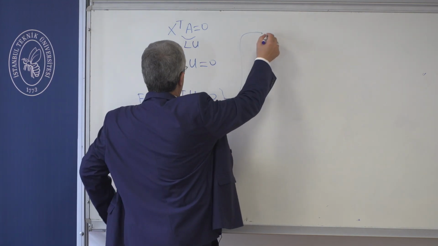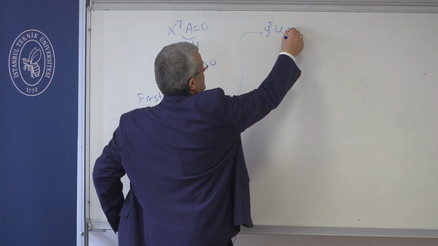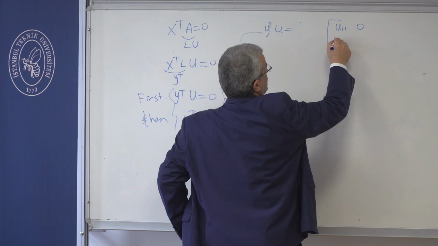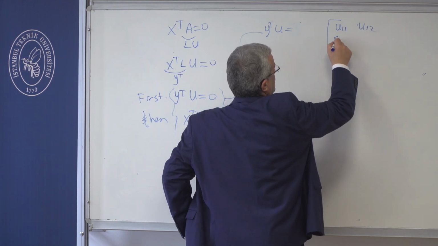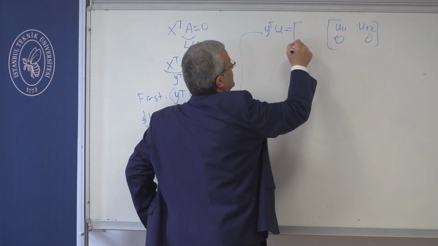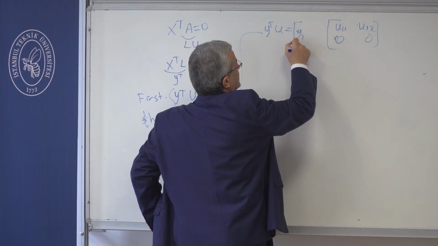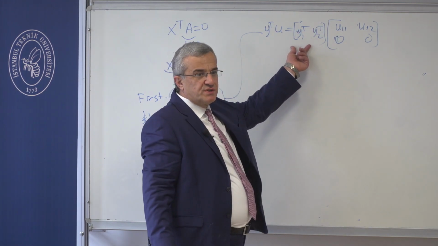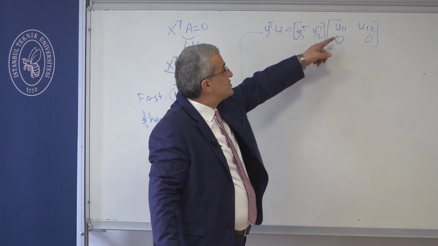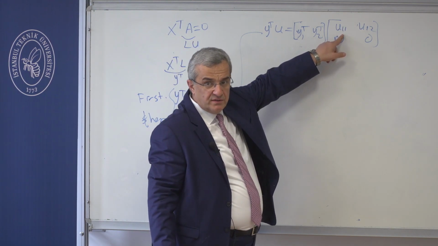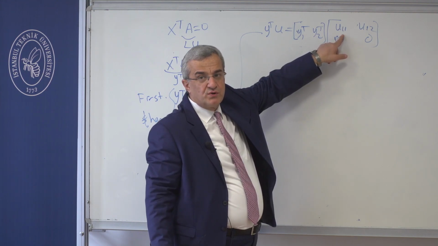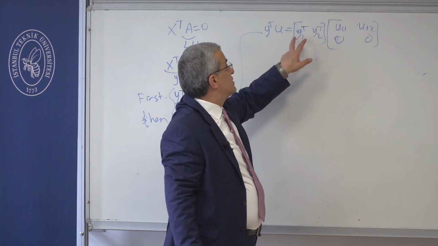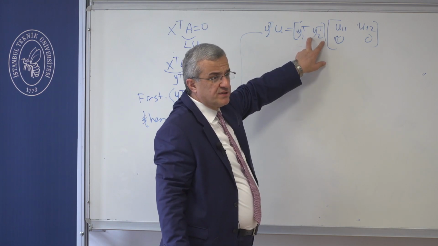So let's explore this now. From here, Y transpose U, since U is in this partition form, U11, U12, 0, 0. Here I have Y1 transpose, Y2 transpose. What are the dimensions of this? Again, this is R by R, right? We determine U11 from the rank of the matrix, which is the rank of U. So this is R, and what is this?